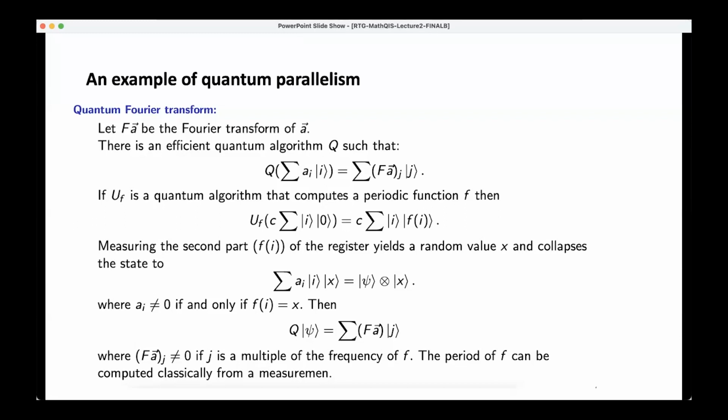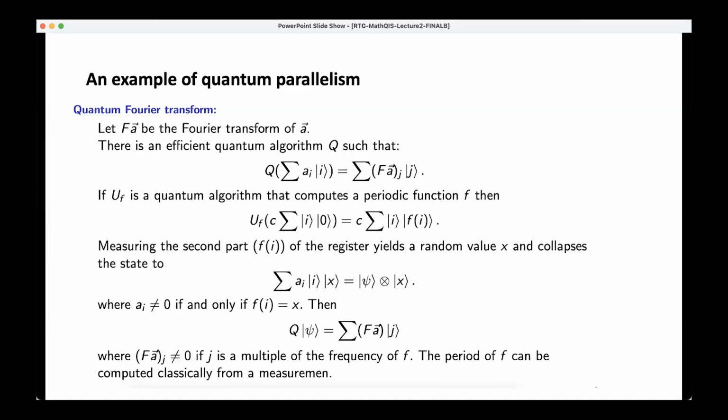If we consider F_A to be the classical Fourier transform of a vector A, there is an efficient quantum algorithm Q such that when you apply it to this superposition, here are the amplitudes, and here are the quantum states, then what you obtain is a linear combination, the superposition of the mapping of F acting on this vector A with reference to these qubits that depend on j.